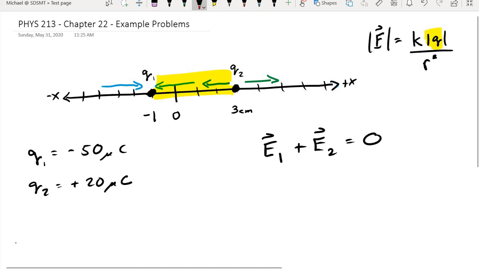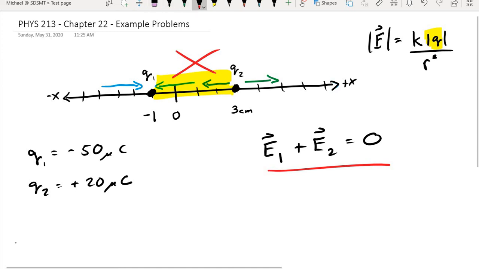And so there is no way that we can actually combine the electric fields of these two charges at any point in between them to accomplish this. And so I'm not going to consider any points in between the charges, which leaves us with points that are either to the left of charge 1 or to the right of charge 2.